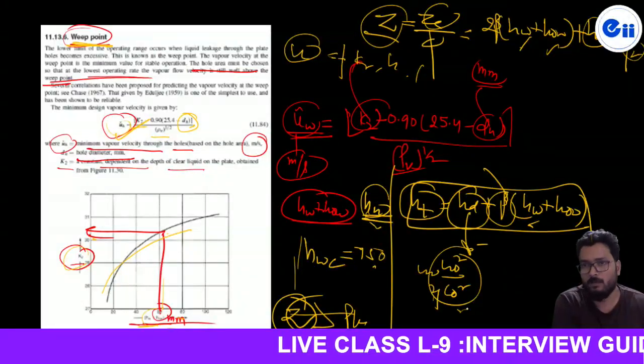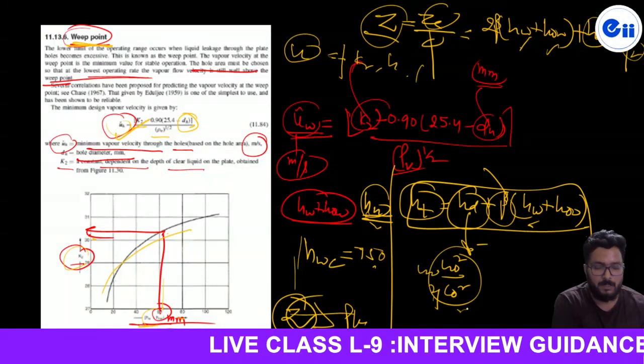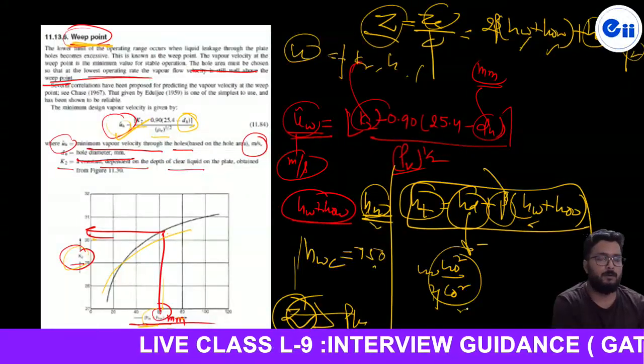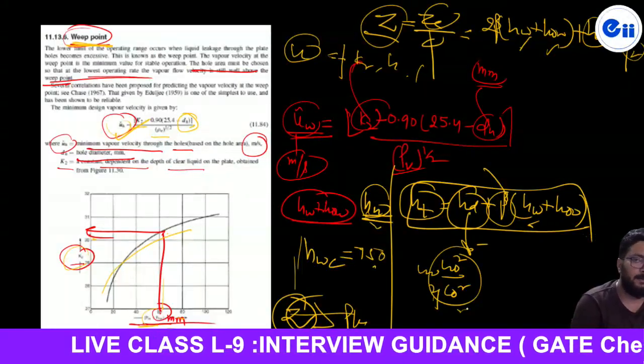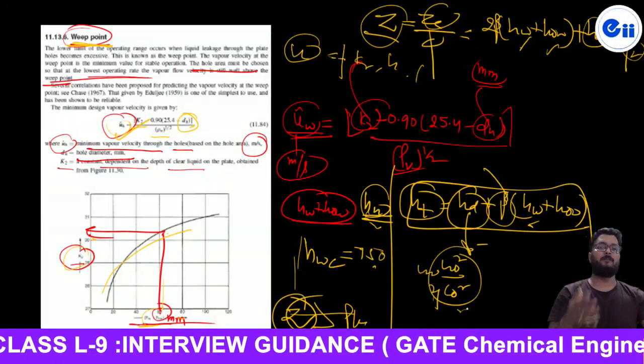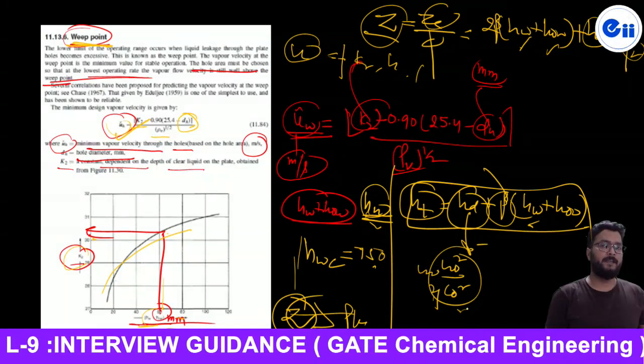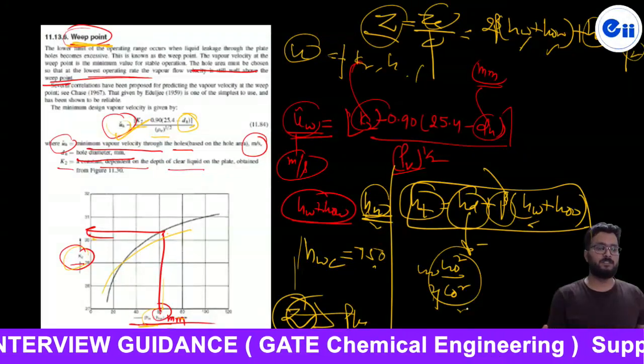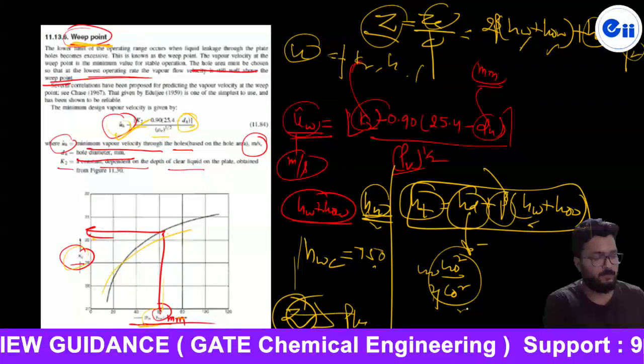And after doing this, that will be all about your design, and you are ready for designing the column, and you will be ready to give any answer to face any questions based on the design of distillation column.